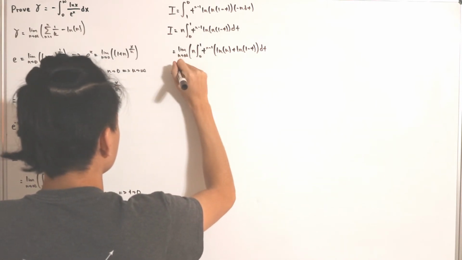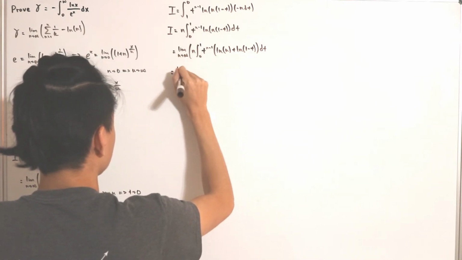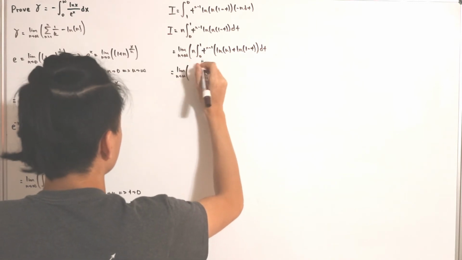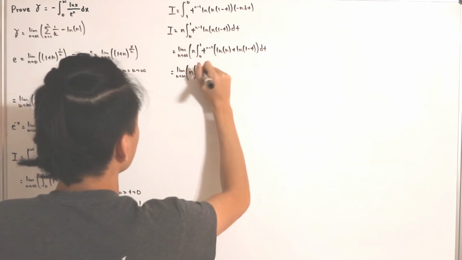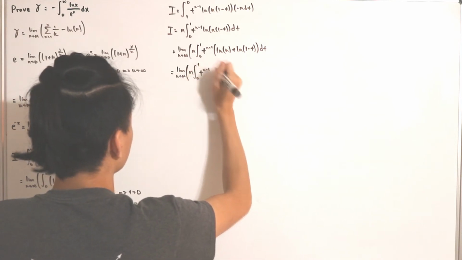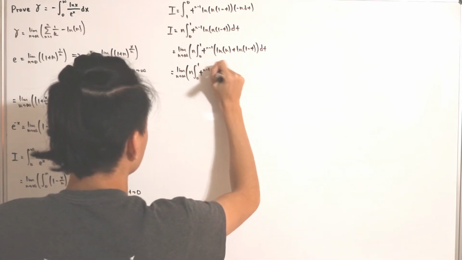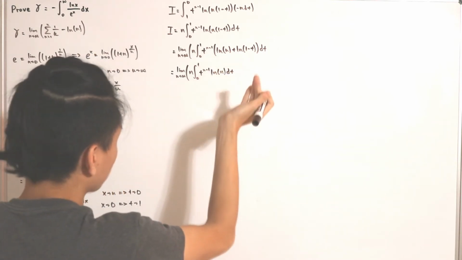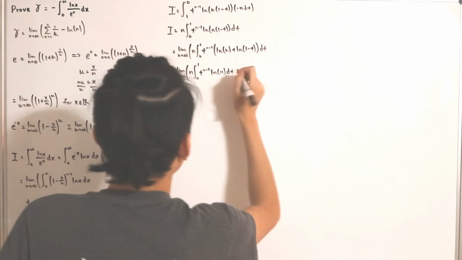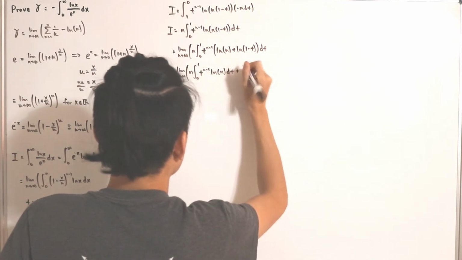So this means limit as n approaches infinity, inside, n multiplied by the integral from 0 to 1 of t to the n minus 1, then ln of n, and ln of n is a constant, so I can move that outside, but I'll worry about that later. Let me just finish writing this out first.